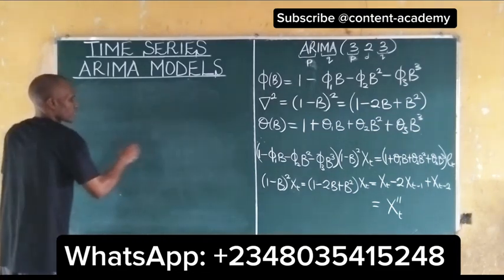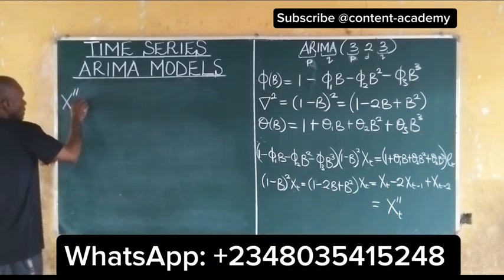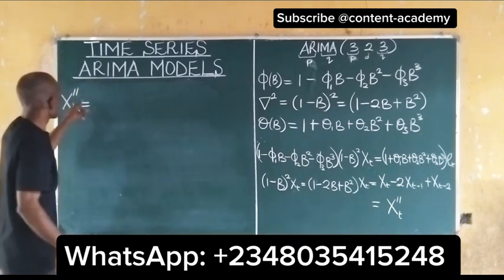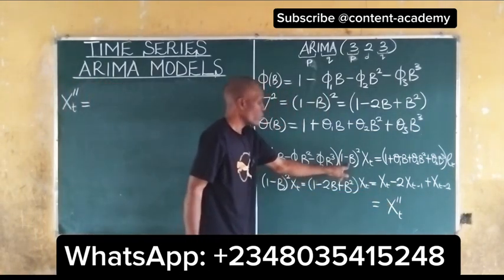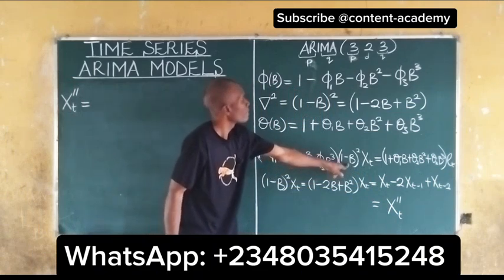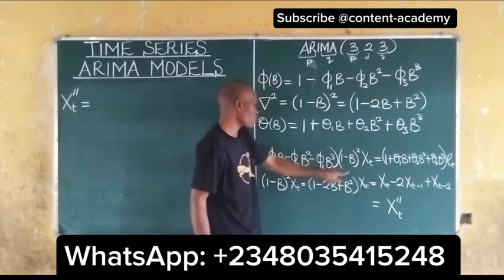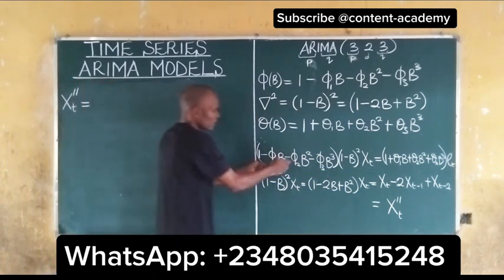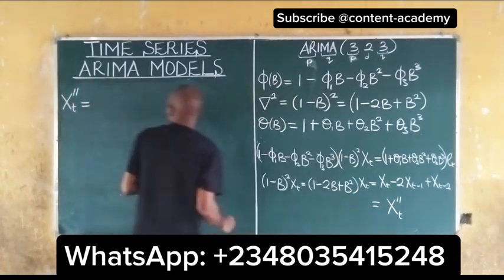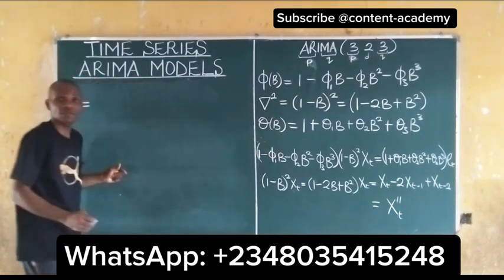So we can write that as Xt. The reason we got this double prime is because we have our differencing to be 2. So our model will now be, we are shifting the whole of this over to this other side. So instead of negative sign, we'll have a positive sign.